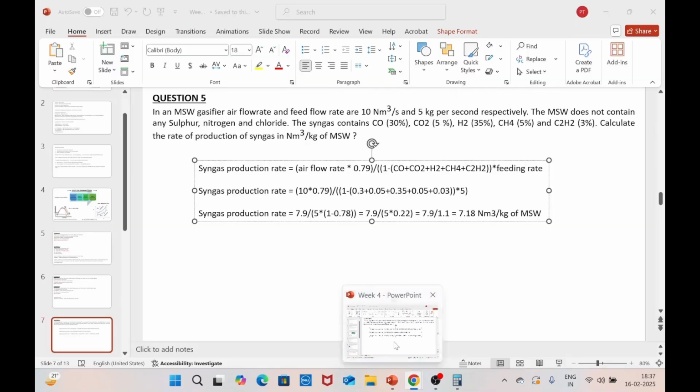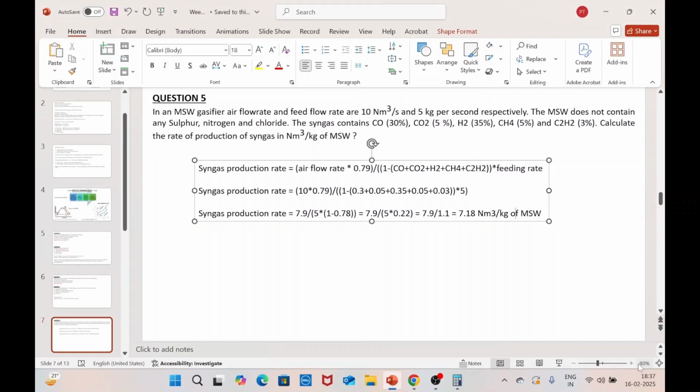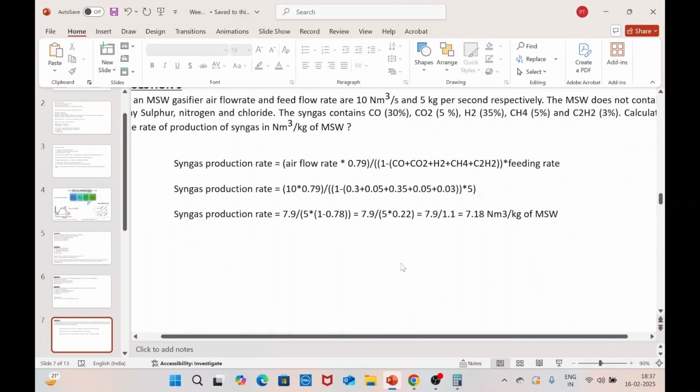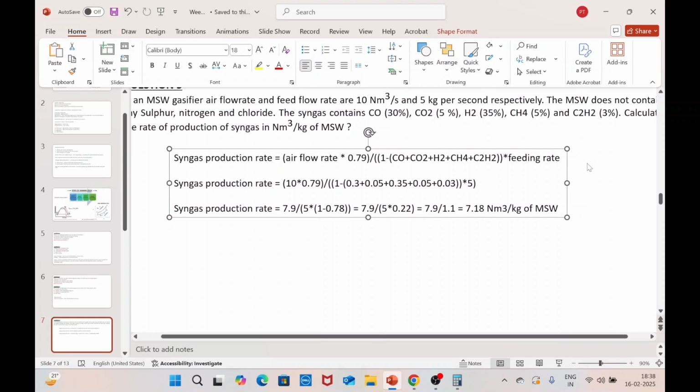My screen is visible, right? Okay, that's fine. Yes, any response? It's okay, like 7.18. Okay. I hope others are also getting the same answers. If not, please let me know now before we progress to the next question.